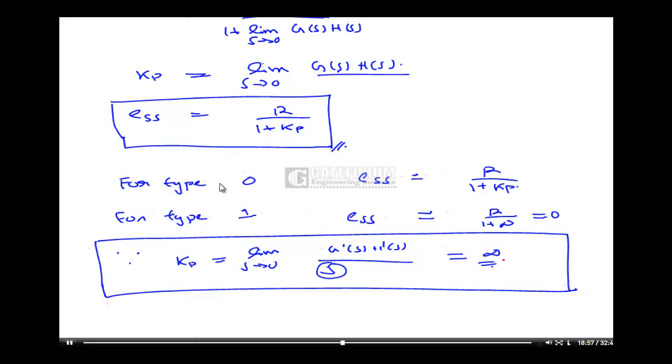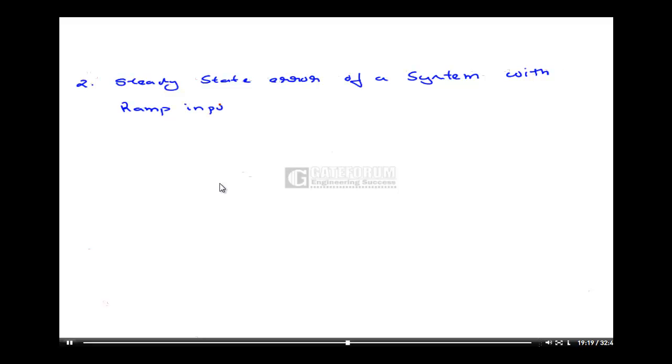Now we will take another case, the ramp input. Second one: the steady state error of a system with ramp input. Again, a ramp input is written as A by s squared.